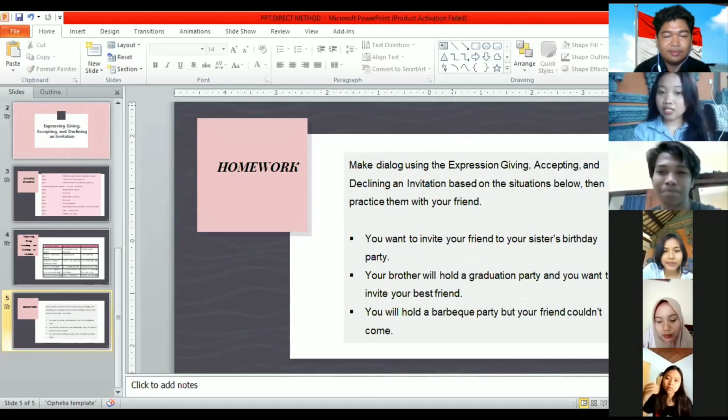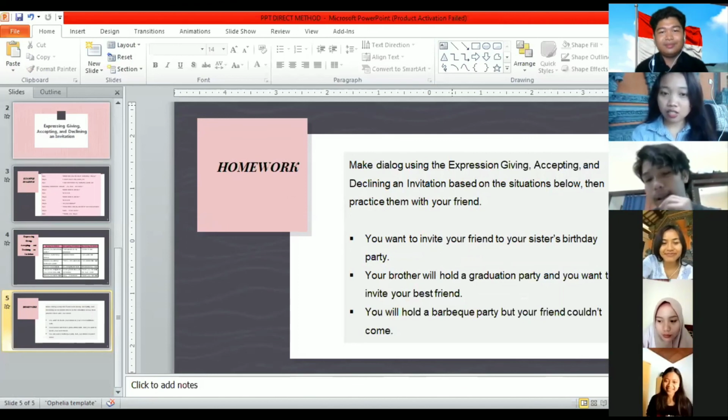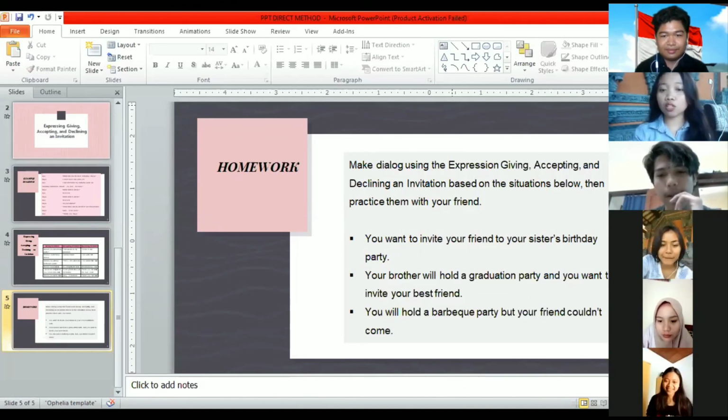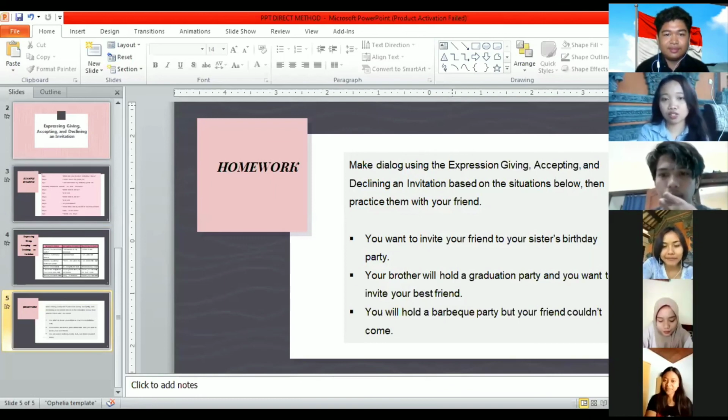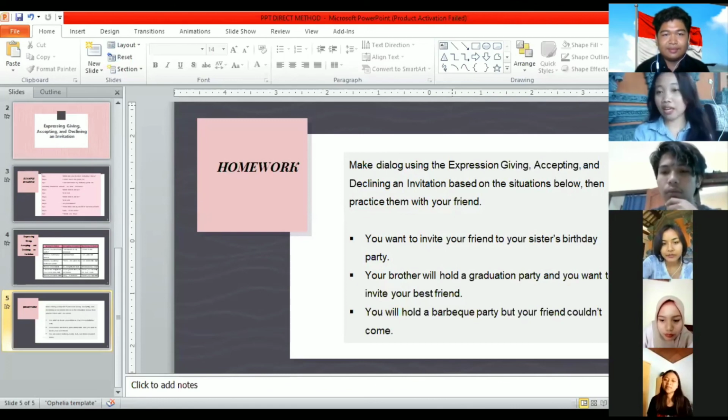The second situation is your brother will hold a graduation party and you want to invite your best friends. The last situation is you will hold a barbecue party, but your friend couldn't come. You can choose between those three situations and collect it next week. Okay, any question?